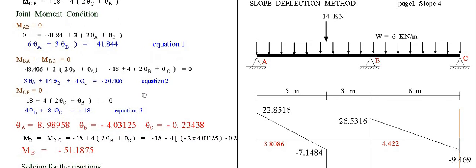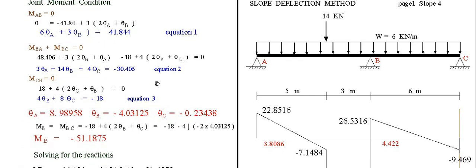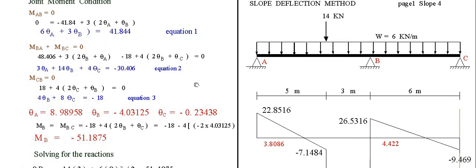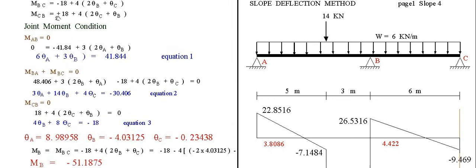Then another equation that we will be creating is that the moment at C is 0, or CB. The moment CB is 0. The actual moment at C is 0, or CB. Then what is CB? Moment CB, this one. It is equal to 18 plus 4 times 2 theta C plus theta B. Simple as that.